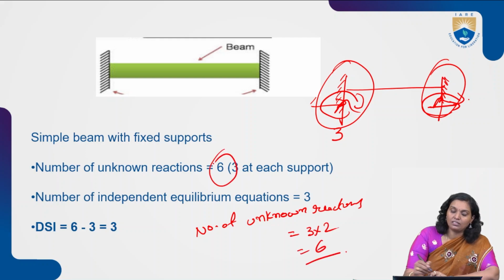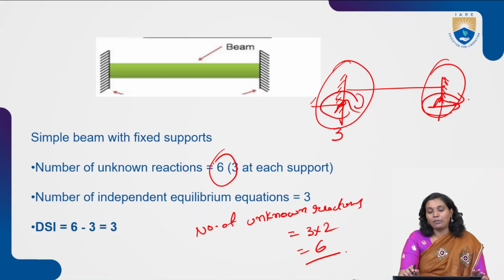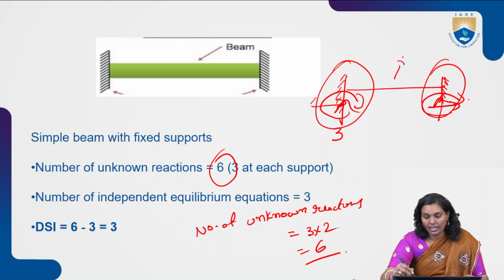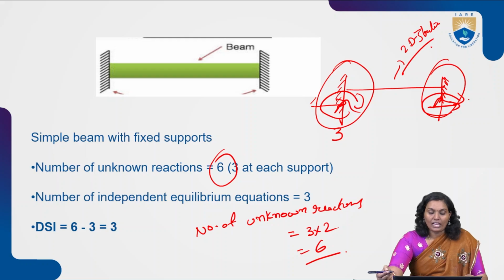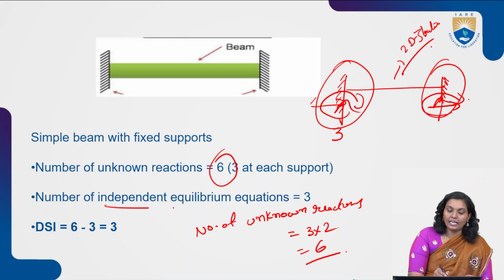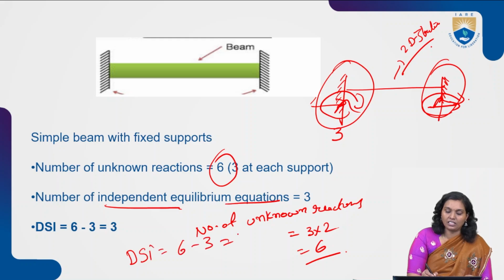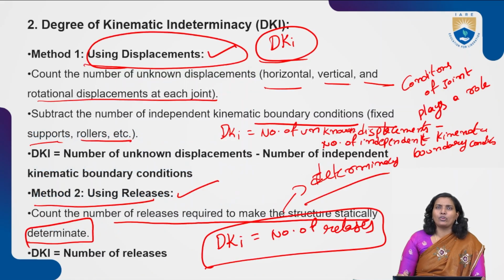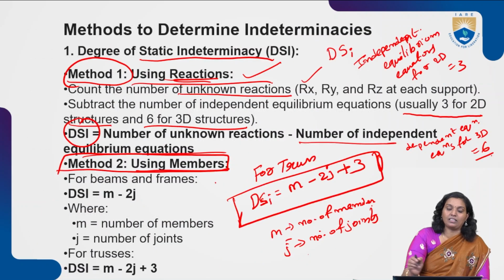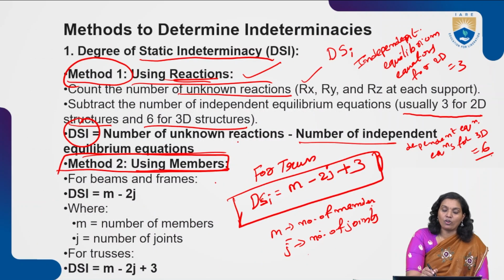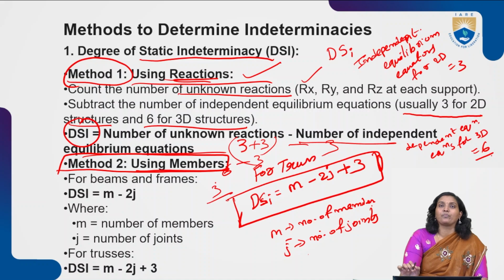So 6. It is a 2D structure, so the number of independent equilibrium equations is 3. Using the reactions method, the number of unknown reactions is 3 plus 3 minus the number of independent equations: 6 minus 3 is equal to 3.